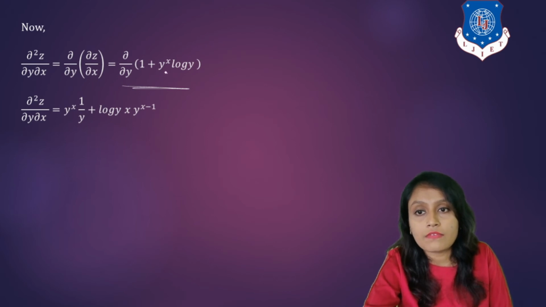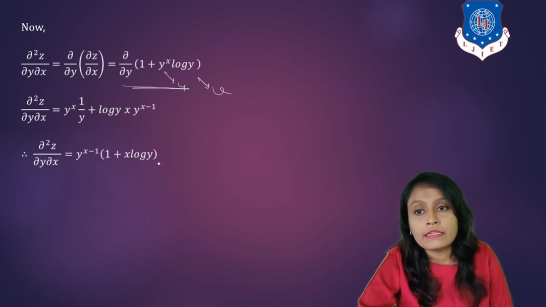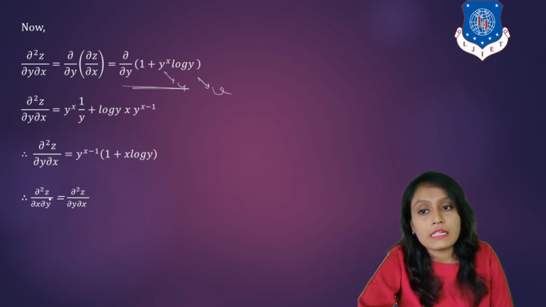So consider y raised to x as u and log y as v. So y raised to x as it is, the derivative of log y with respect to y, so it is 1 upon y, plus log y as it is, the derivative of y raised to x is what? x y raised to x minus 1. Simplify this, okay, and take y raised to x minus 1 common, so you will get this term. Now you can see that del square z by del x del y is equal to del square z by del y del x.